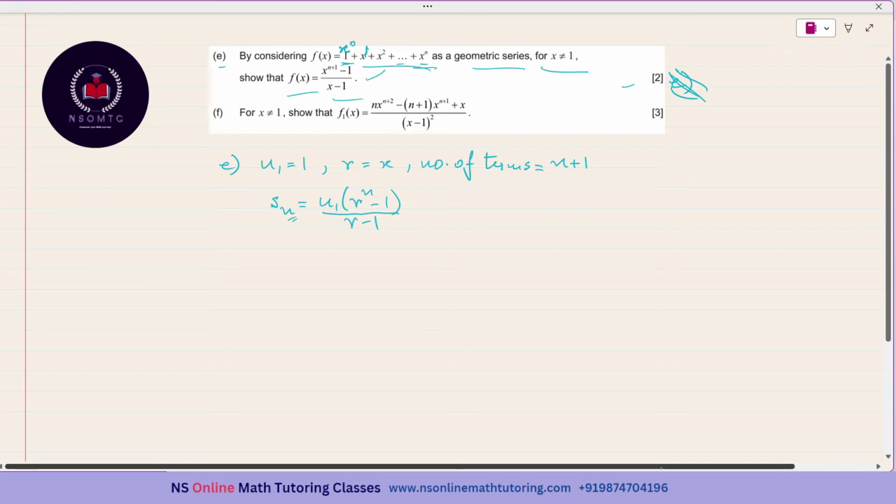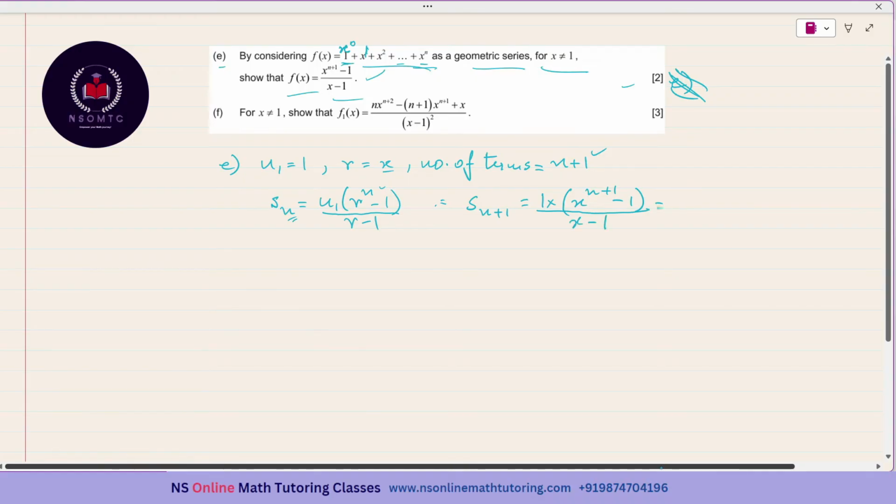So in our case, therefore, n plus 1, because the number of terms is n plus 1, u1 is equal to 1 times, r is equal to x, x to the power of the number of terms, n plus 1, minus 1 over x minus 1.